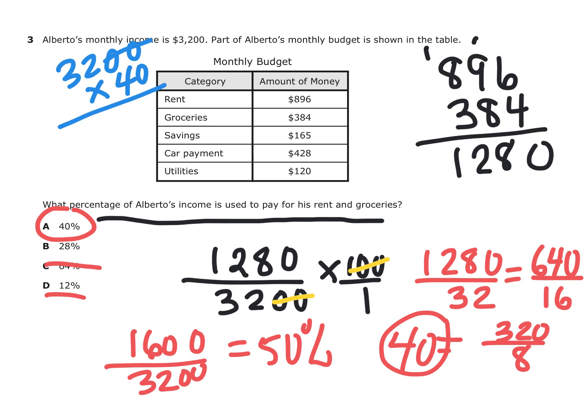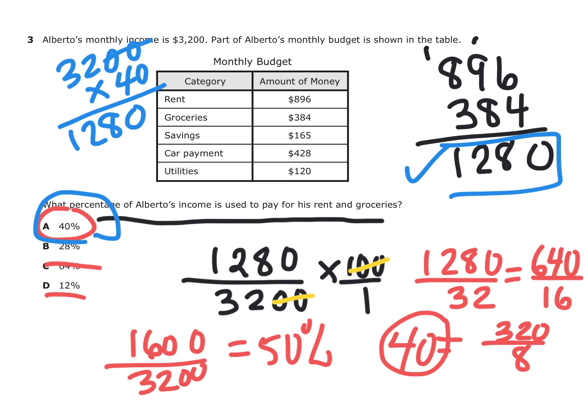So all you're going to do is multiply 4 times 2 is 8, 4 times 3 is 12, and then you have a 0 for your 40. 1,280. So it checks. That's exactly what it is. 40% of 3,200 is 1,280. So you could take this answer and multiply that times the 3,200 and see if you get the 1,280. And it does. So it checks out.